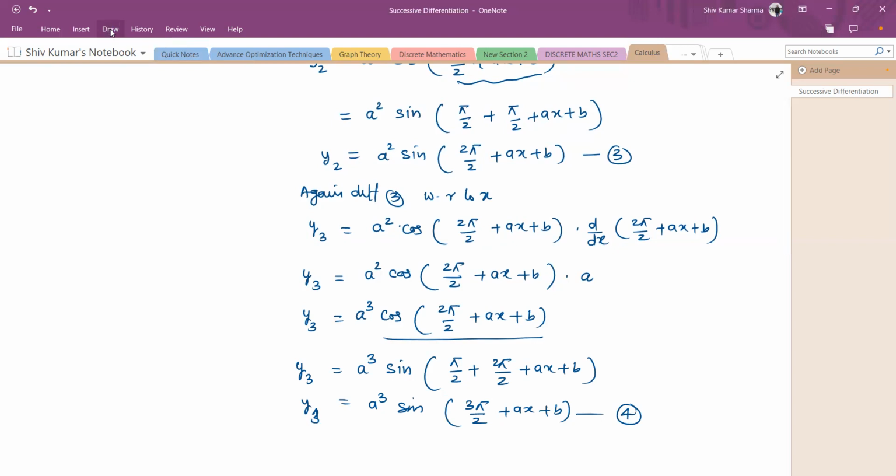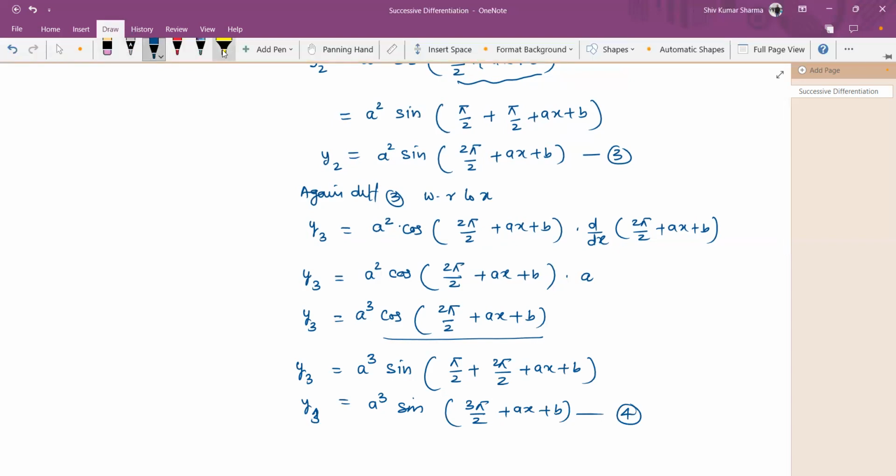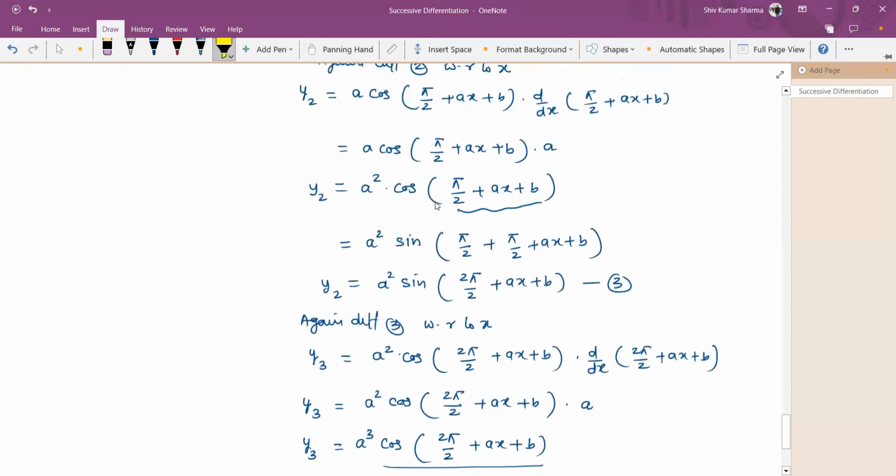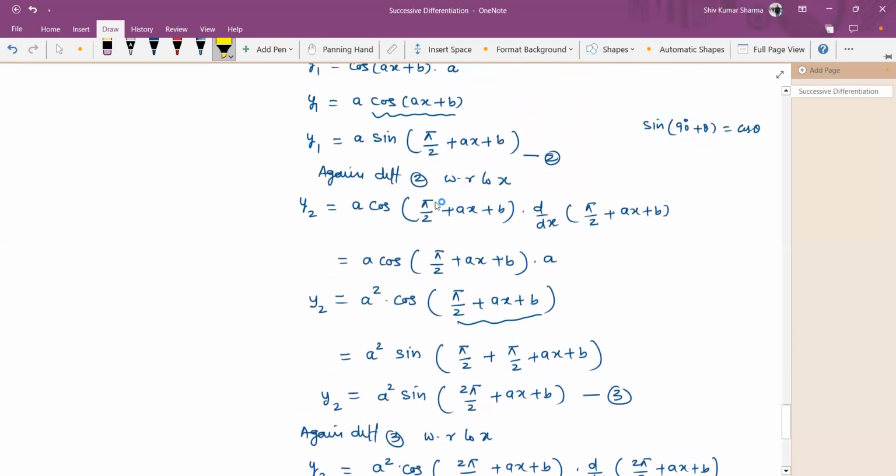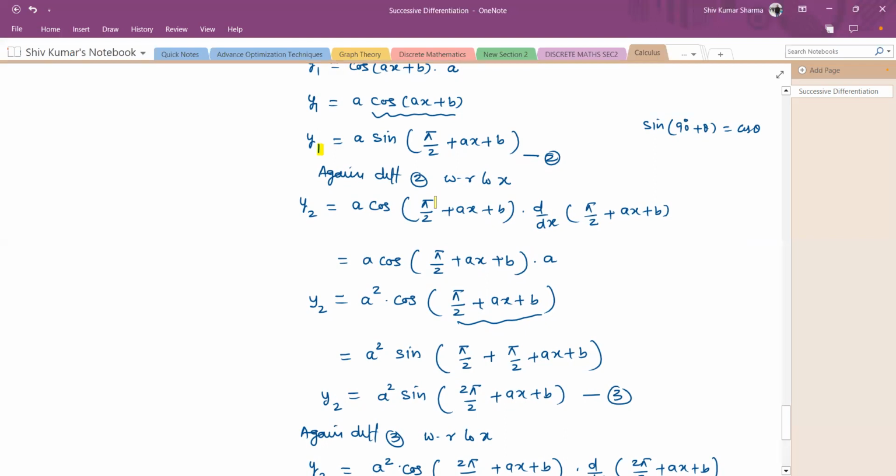Now, using equations 2, 3, and 4, you can see that in equation 2, when we differentiate one time, the coefficient of pi/2 is 1 and the power of a is also 1.